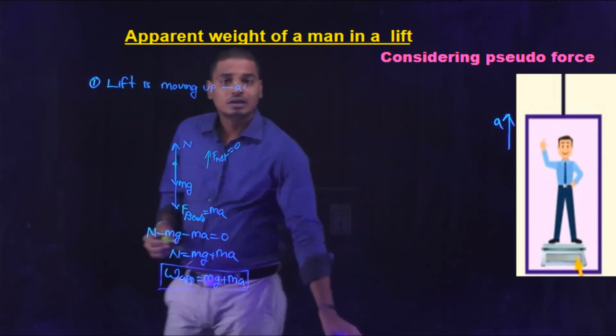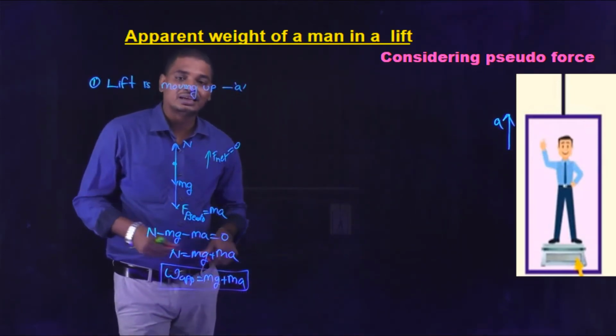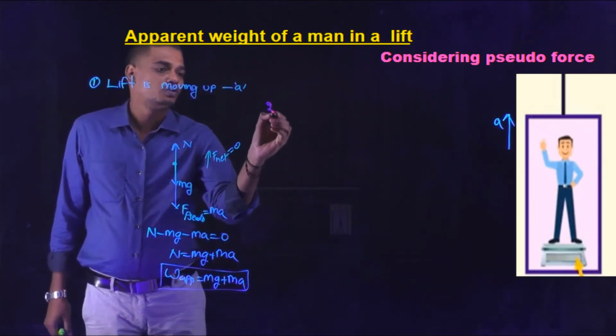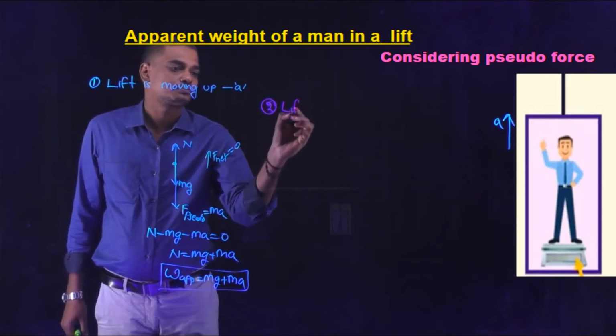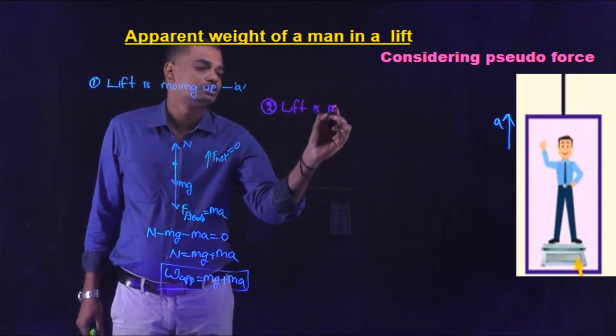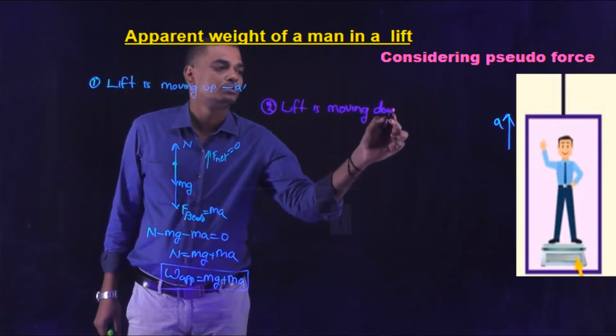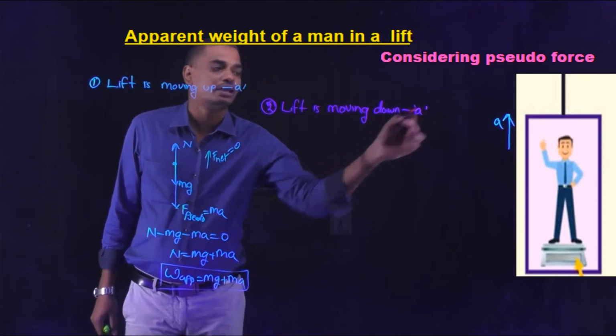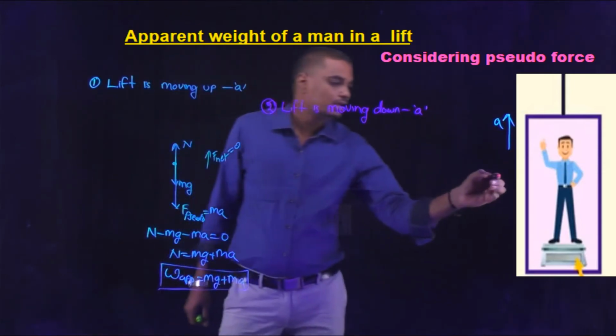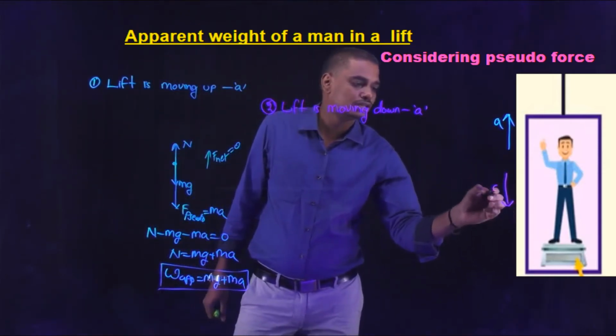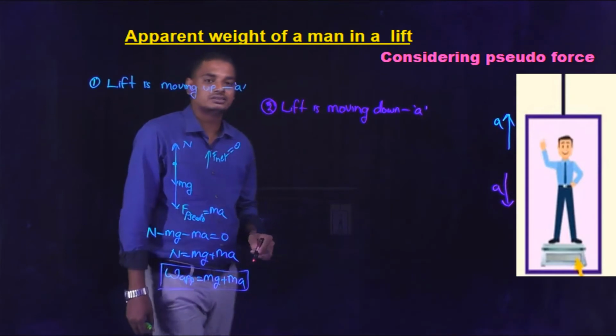Right. Now, let us consider the second case where the lift is moving down with an acceleration a. So here the lift is moving down with an acceleration a in the second case.